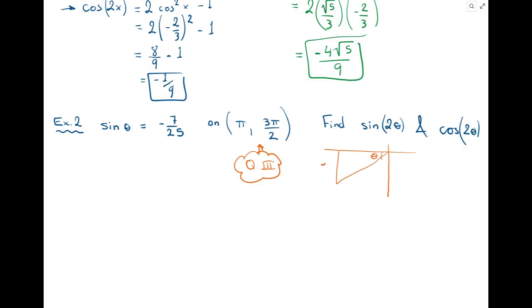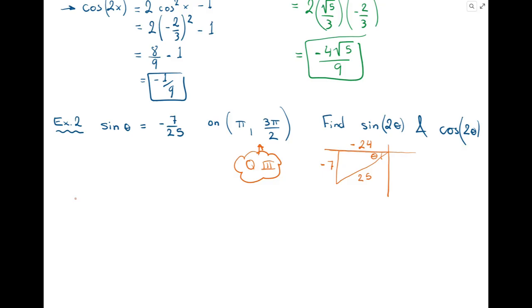So opposite will be negative 7, which makes sense. The y value will be negative there over the hypotenuse of 25. And then this leg of the triangle will be the square root of 25 squared minus a negative 7 squared. And when you simplify all of that, that will just give you negative 24. Negative because in quadrant 3, the x values are negative. Right?